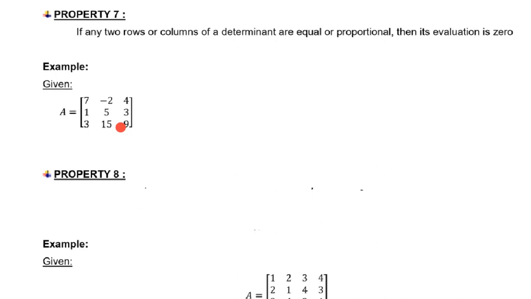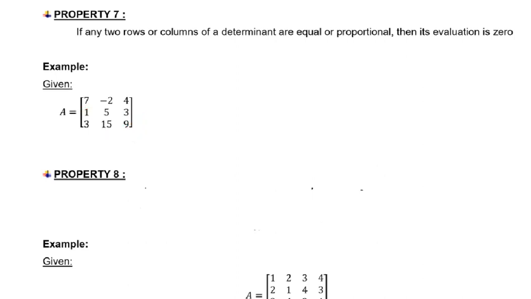That is, the elements of row 2 and row 3 have the same ratio. That is, the element of row 3 is three times as large as the element of row 2. So the element of row 2, you just multiply by 3, and it becomes the element of row 3.